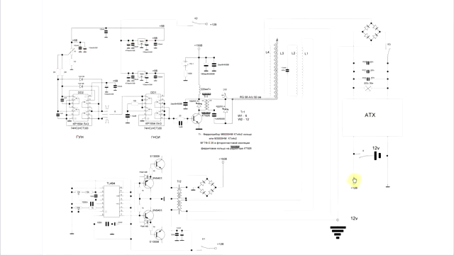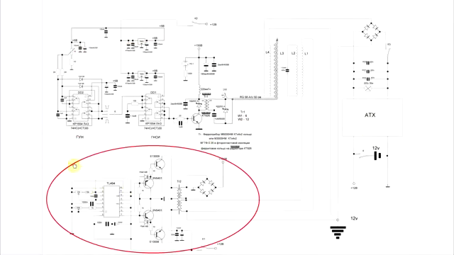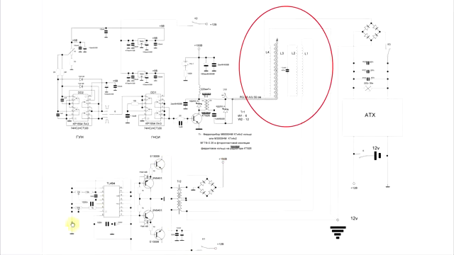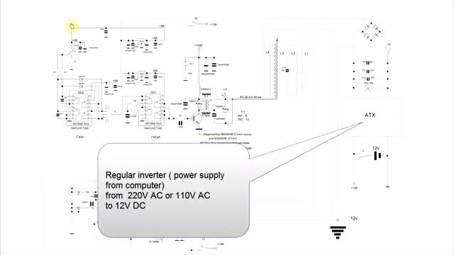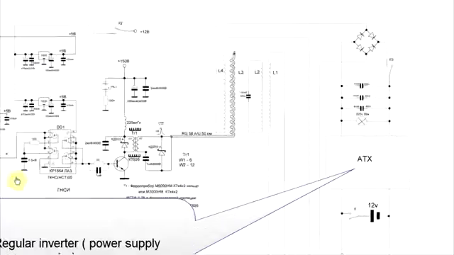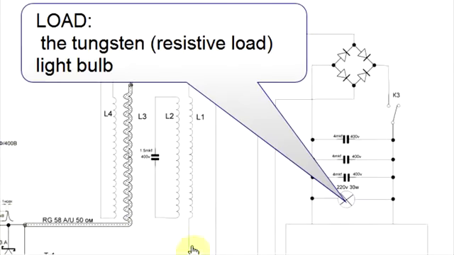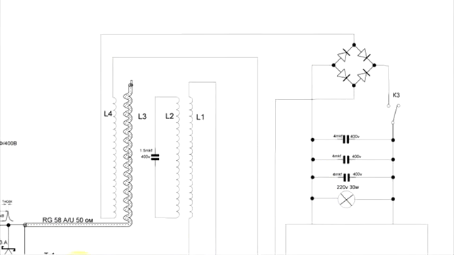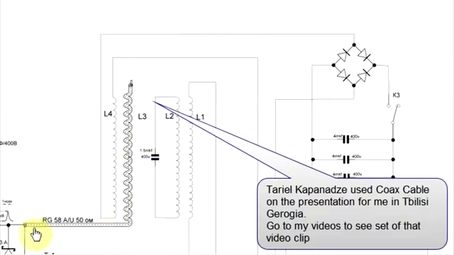So we have 3 parts. One part, second part, which are impulse forming circuitries, and a magic coil. That is a regular inverter from the computer, and that's the load, which is the regular light bulb. That's what we call the magic coil. It is made of L4, which is connected to the rectifier, L3, which is the regular coaxial cable 50 ohm, and is shorted at the end of it.